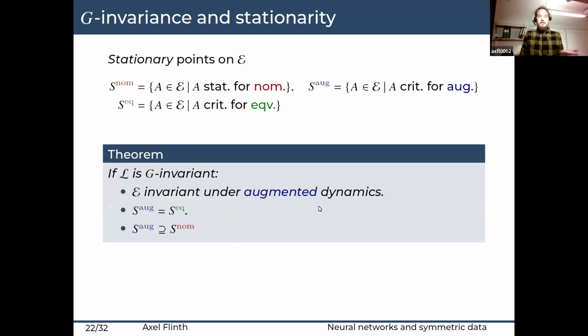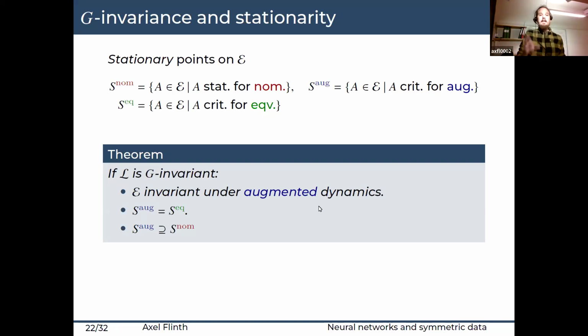If I assume that my architecture is G invariant, then the following happens. The equivariant space is invariant under the augmented dynamics. And furthermore, the critical points for the augmented and the equivariant dynamics are exactly equal. So on E, the weights that I find with my augmented network are exactly the same as the ones that I would get if I perform this equivarization procedure.